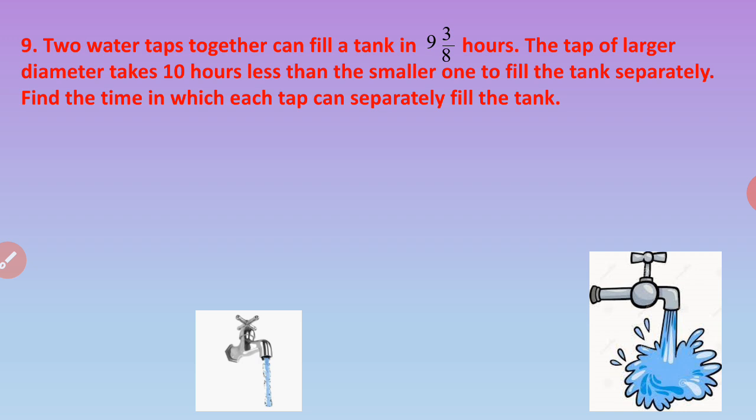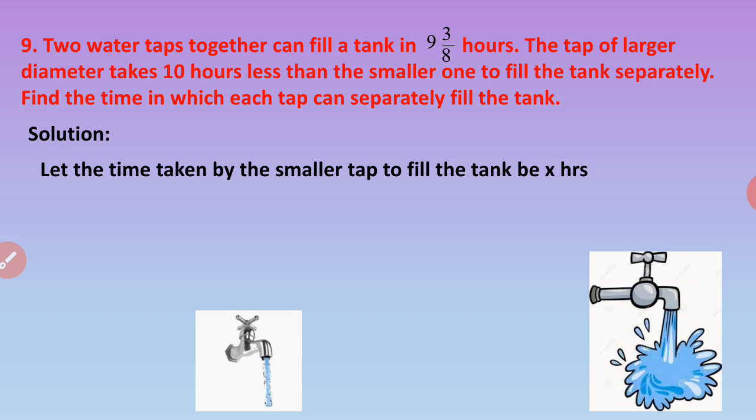Obviously, we'll begin with our x. We have to consider something as x. That is how we always proceed. Let the time taken by the smaller tap to fill the tank be x hours. If the smaller tap is taking x hours to fill the tank, how much time will the larger tap, the tap with the larger diameter, take?